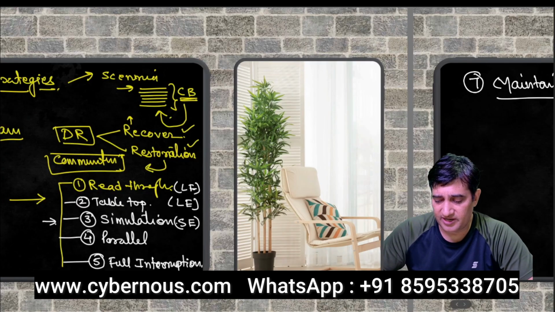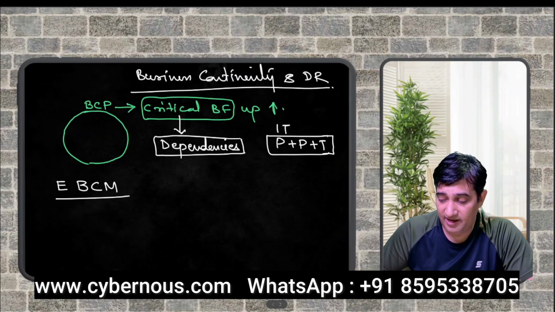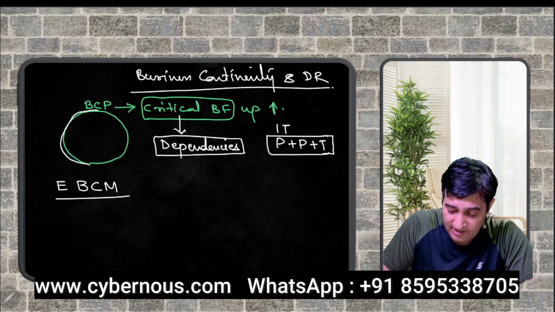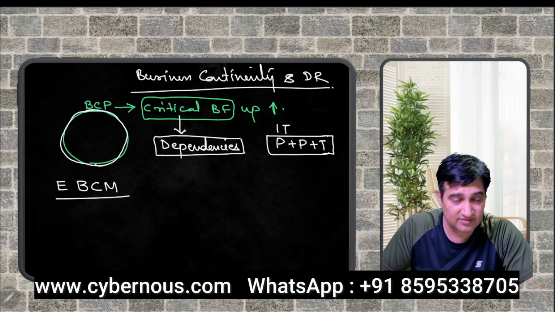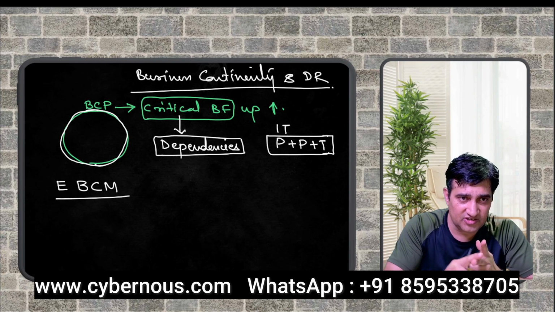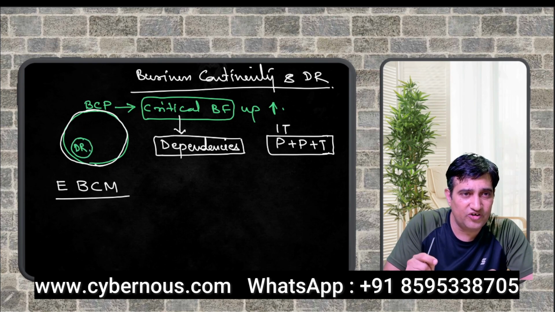So in a nutshell, there is a difference between a business continuity plan and a disaster recovery plan. A business continuity plan is a bigger, holistic plan, and as part of it there are different plans like the contingency plan, communication plan, and disaster recovery plan. So disaster recovery is a sub-process of the entire business continuity plan.